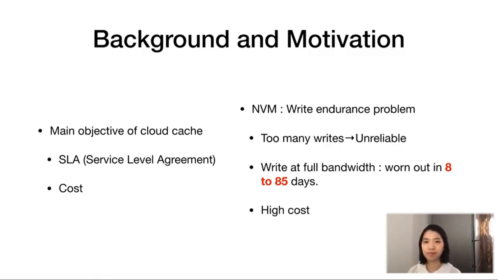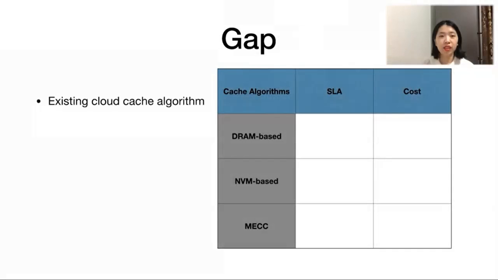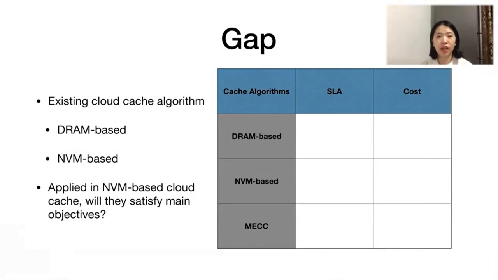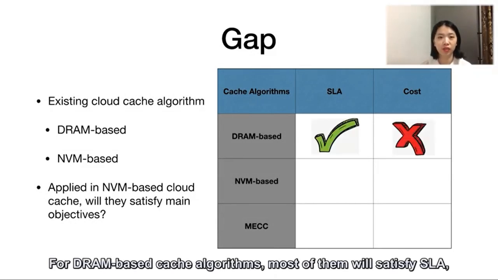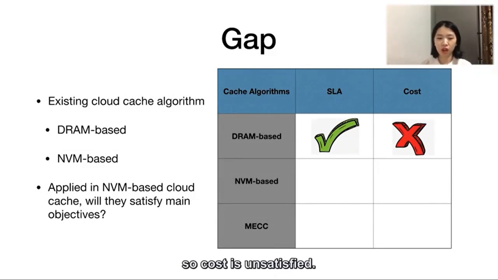If we categorize existing cache algorithms into two types, DRAM-based and NVM-based algorithms, and we apply them to NVM-based cloud cache, will they satisfy the two main objectives, SLA and cost? For DRAM-based cache algorithms, cost is unsatisfied.